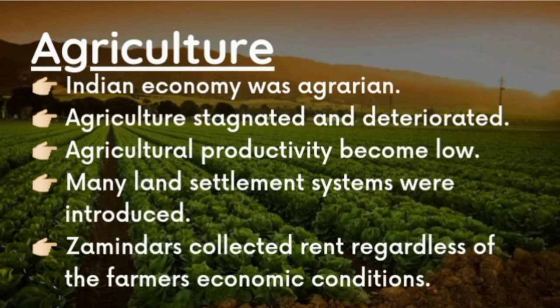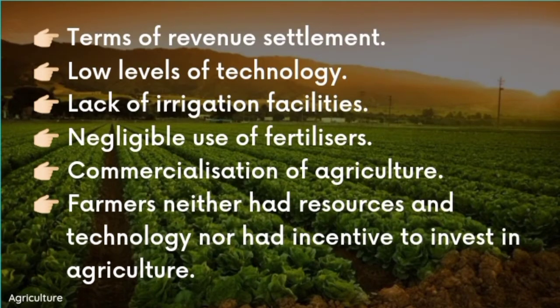The zamindars would always collect rent at the correct intervals. That was because of the terms of revenue settlement, so the zamindars were not at all bothered about the economic conditions of the farmers or the cultivators.